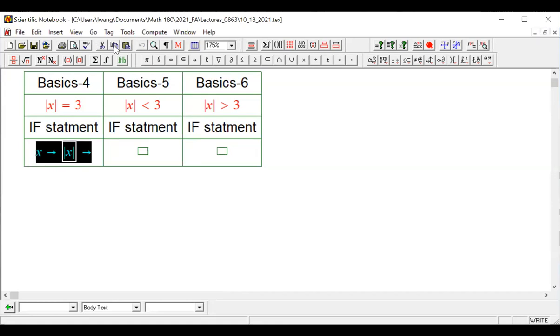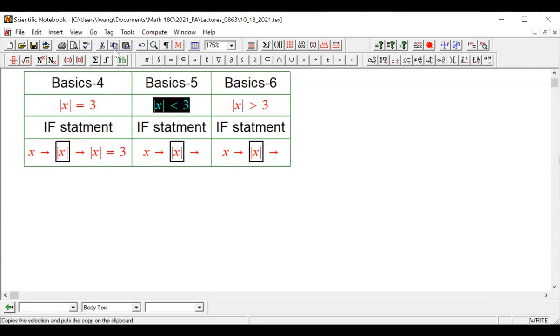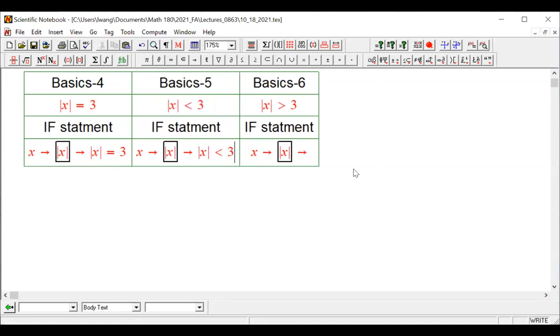They all share the same process we can reflect on: in this case the output is exactly 3, in this case the output is less than 3, and in this case the output is larger than 3.